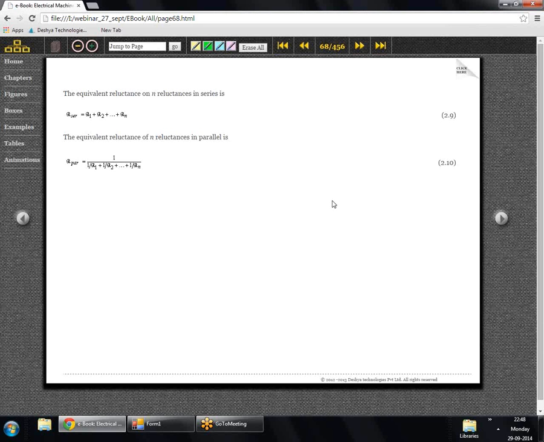This is a very important analogy, because with this we can establish that the treatment of magnetic circuits is very similar to that of electrical circuits. And this can be seen here.